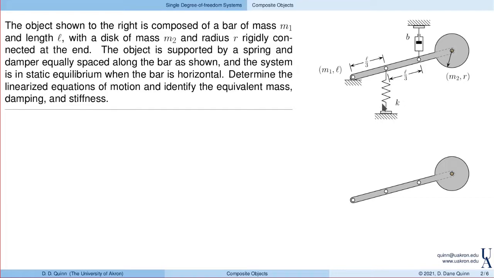One important thing here is that I'm going to assume that the system is in static equilibrium when the bar is horizontal. So if everything is lined up here, then the bar is in its static equilibrium position. And at the end of this, we'll talk a little bit more about that, because what that does is allows us to neglect the role of gravity, as well as the unstretched length of the spring and the static displacement that comes along with that.